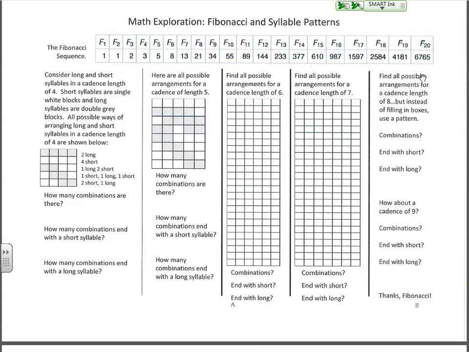So this would be 2 plus 2, which makes 4. This would be 1 plus 1 plus 1 plus 1, which is 4. This would be 2 plus 1 plus 1, 1 plus 2 plus 1, and 1 plus 1 plus 2.